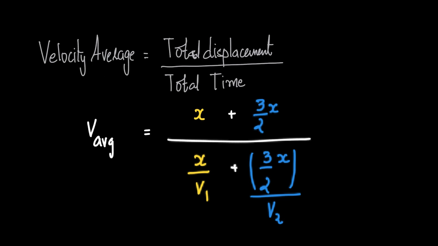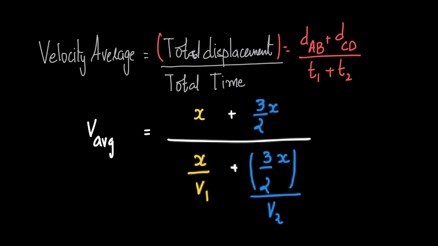What is the total displacement? The total displacement here stands for displacement along AB plus displacement along CD, divided by total time, which is T1 plus T2.